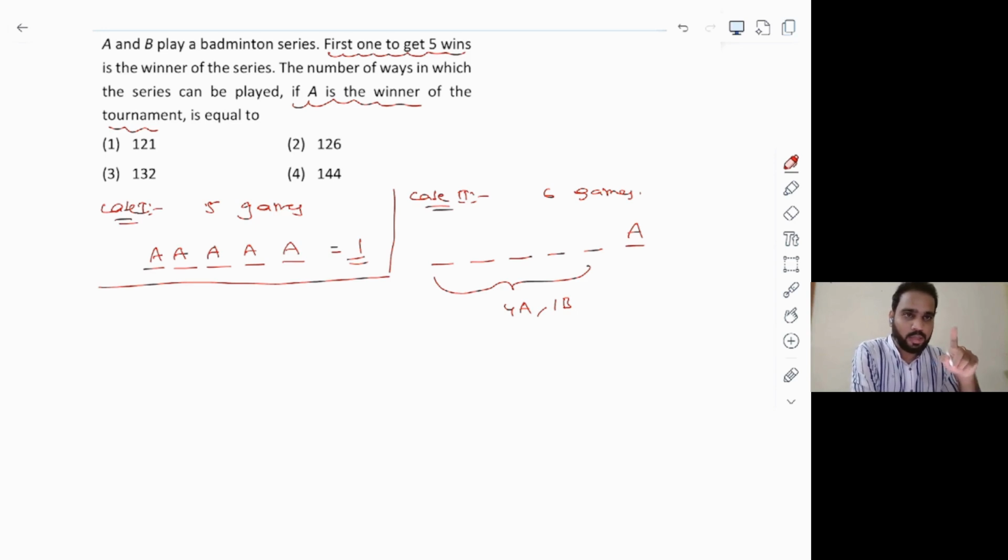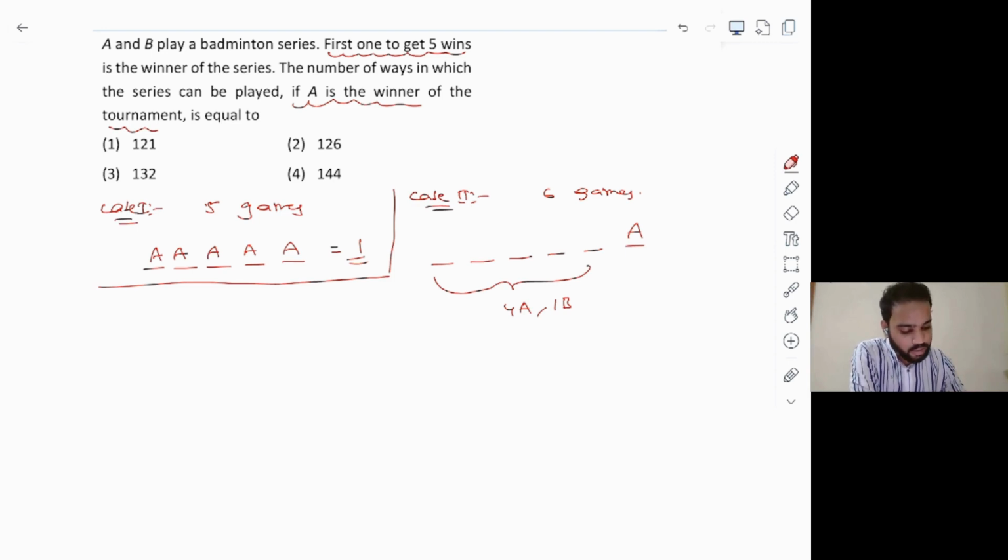So once again, case 2 is the case where at the end of the sixth game, the tournament is over and person A is winning, which means person A is winning the sixth game, that is the last game. So totally how many games are remaining? 5 games are remaining. So in total, if person A has to get 5 wins to win the series, in the remaining 5 games, 4 games must be won by person A and one game must be won by person B. But here the order can be anything, right?